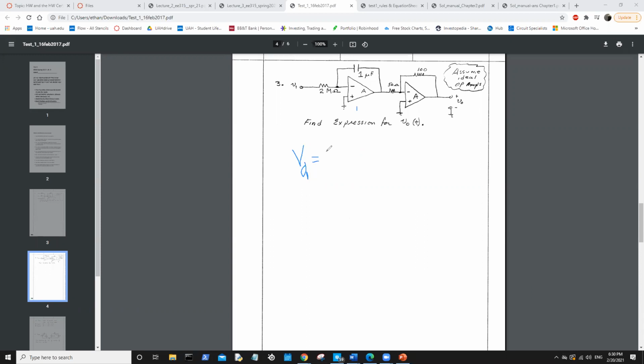But essentially that would equal negative, because it's inverting, -1 over R times C. RC is just the time constant, but oh well. You're just doing the raw numbers, you don't have to do anything funky with that, and that's multiplied by the integral from 0 to t.